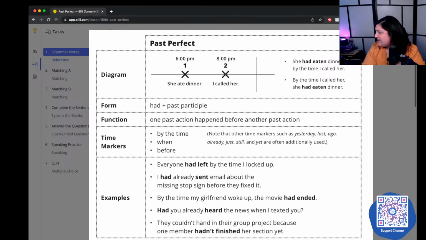And I'm going to write this again. The first past action in this tense will be conjugated in the past perfect, which will include had plus the past participle.